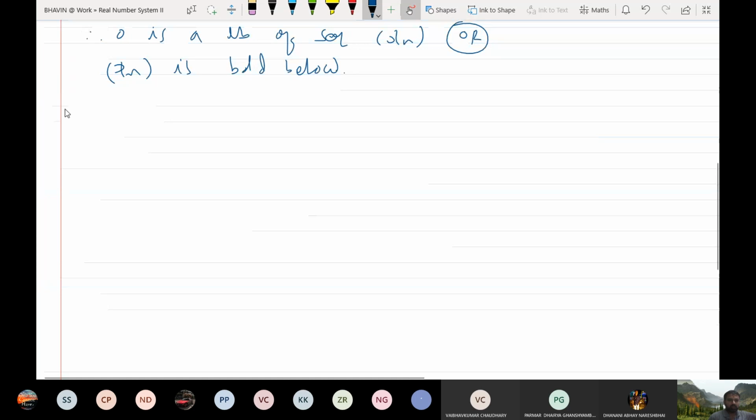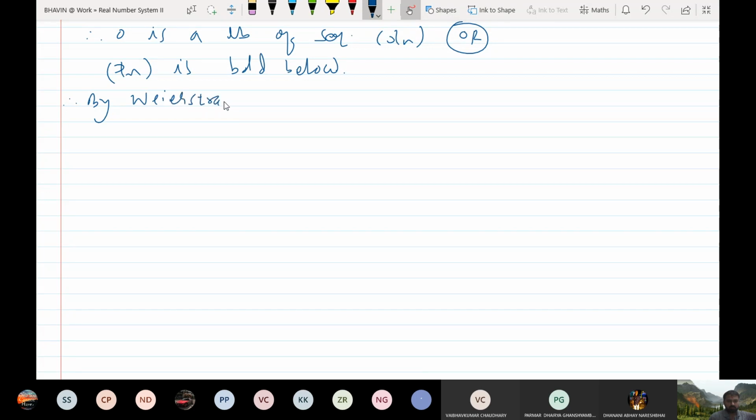Therefore, by Weierstrass completeness principle, xn is convergent. So let us take its limit to be a.